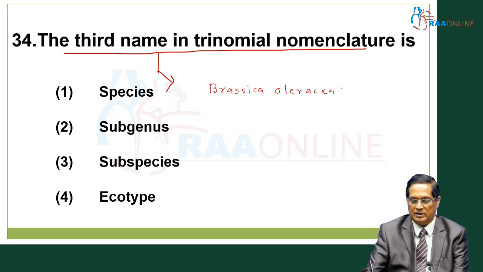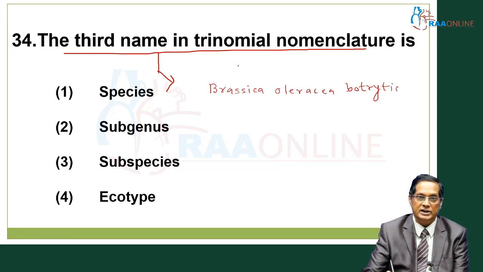Oleracea. And the third name is Botrytis. It's a scientific name of cauliflower.